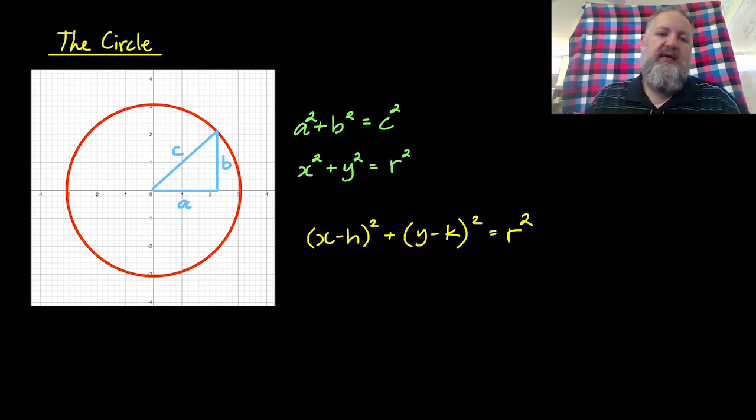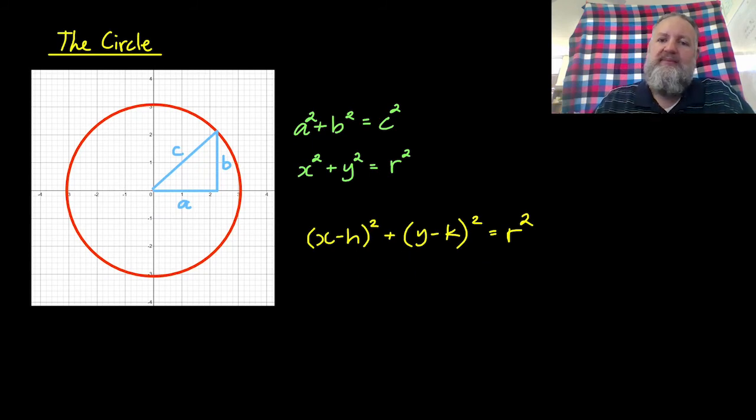So my A, if I change that to my X and my Y and my C into the R, which is the radius of the circle, imagine if I could grab this corner of it and just sort of draw around the edge, I would be able to make this triangle change and it would be able to move all the way around. And so really it's based on this Pythagoras' theorem that we have our circle rule.